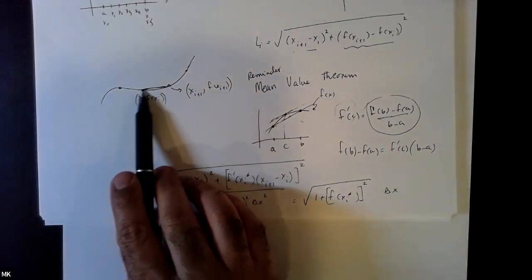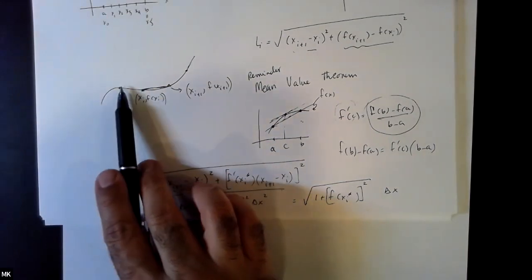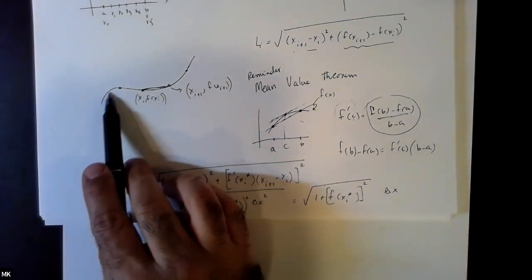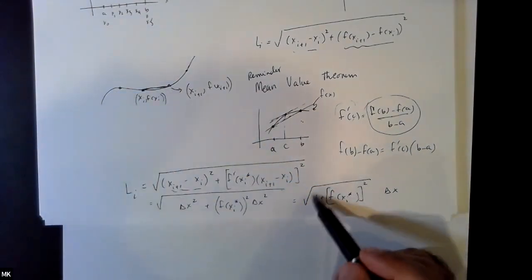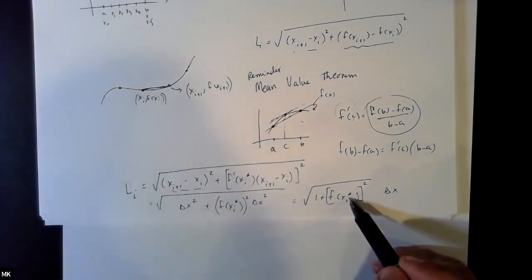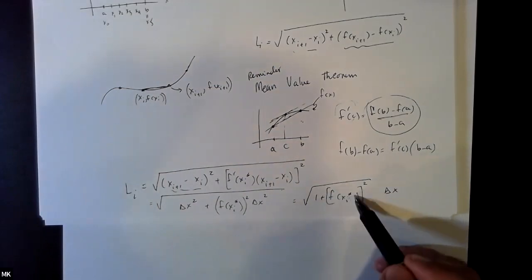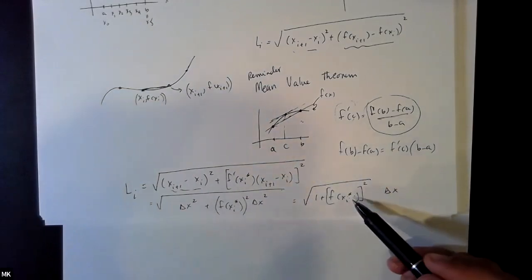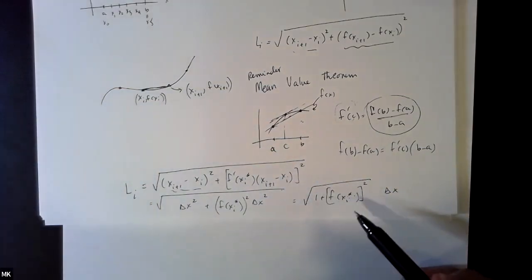So the length of each of those curves, or each of those straight lines, is going to be this. The actual length of the curve is approximated by adding all of those lengths together. And then the exact value of it, if the limit exists, is going to be the limit as n goes to infinity of that.